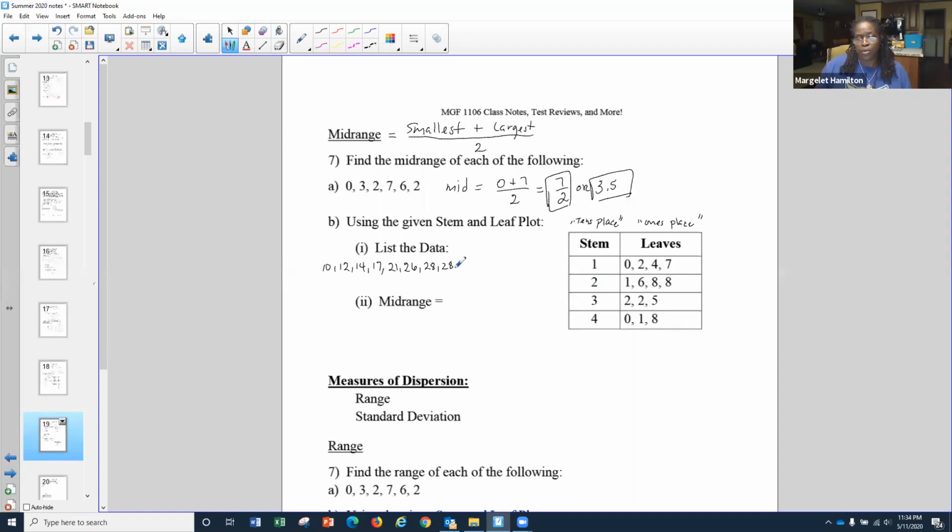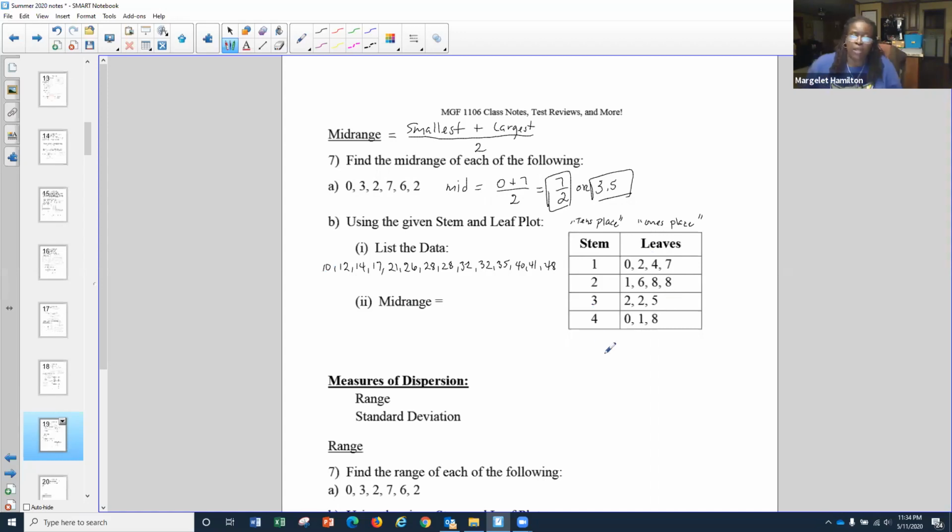The third row, 32, 32, 35. In the fourth row, 40, 41, 48. So here's all of our data that was given to us in this stem and leaf plot.